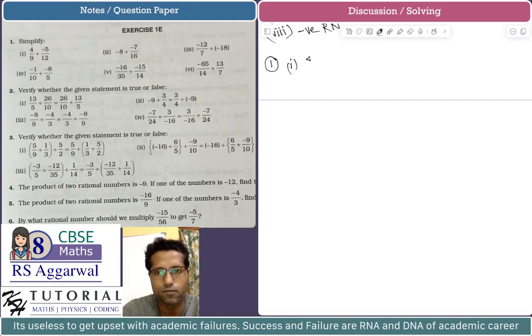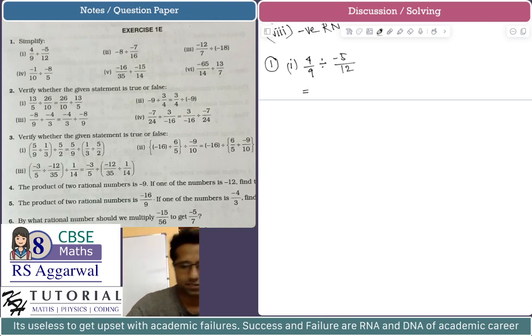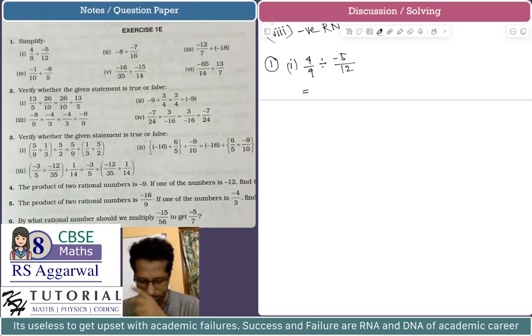We have 4 by 9 divided by minus 5 by 12, and we know that when we divide a rational number by another rational number, we multiply the first rational number with the multiplicative inverse of the second.